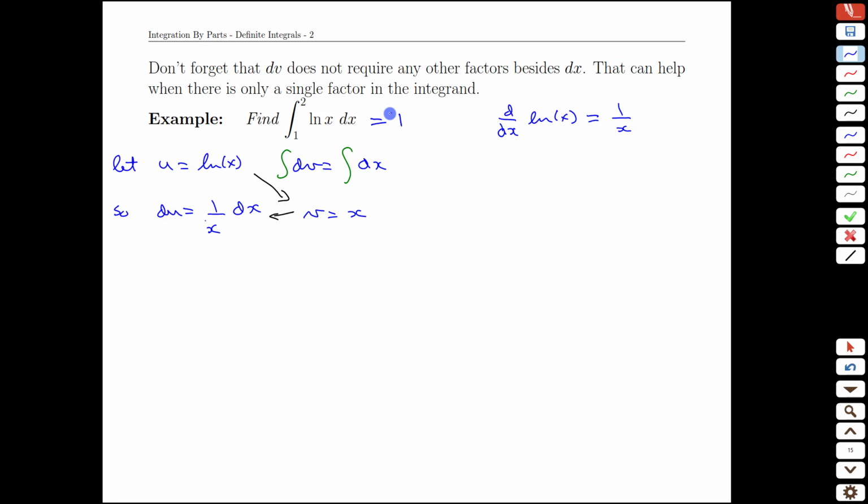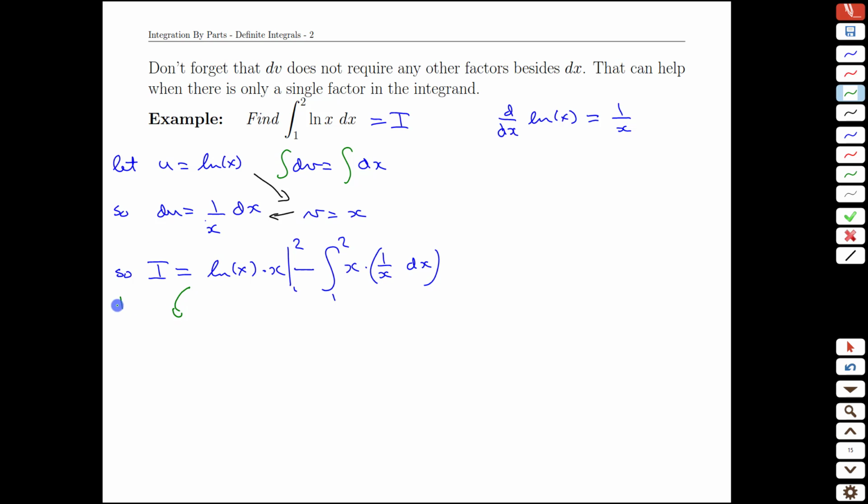Our integral, call it I, is going to be u times v, so ln of x times x, minus the integral of v du, x times 1 over x dx. The integral is from 1 to 2. We keep those limits of integration, and we also apply them to the first leading term that no longer has an integration involved.